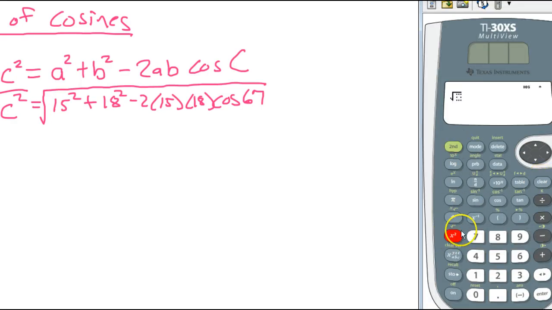Okay, so I need to do the square root of 15 squared plus 18 squared minus 2 times 15 times 18 cosine 67.